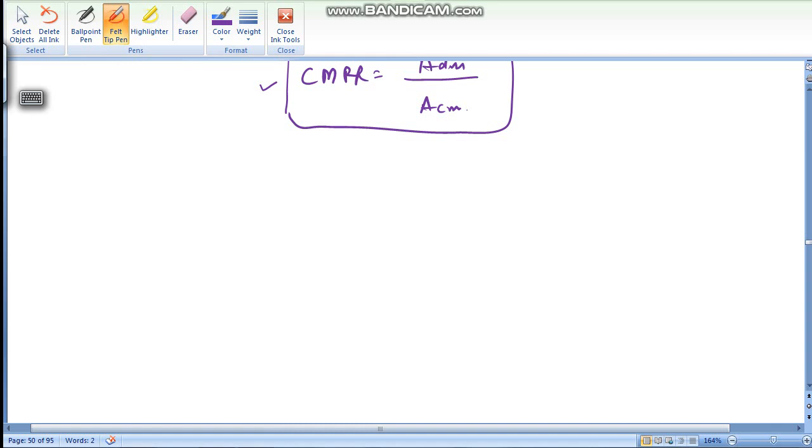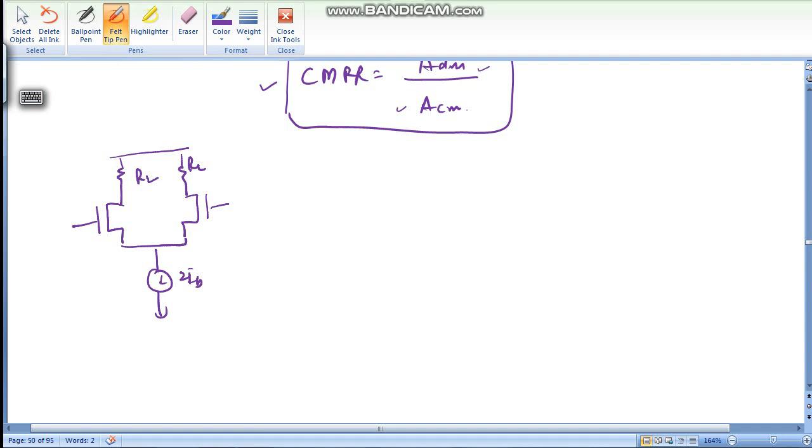Now for finding CMRR we need to find out ACM and ADM. So if we consider this topology, this is RL, this is 2IB, this is RL, this is RL.